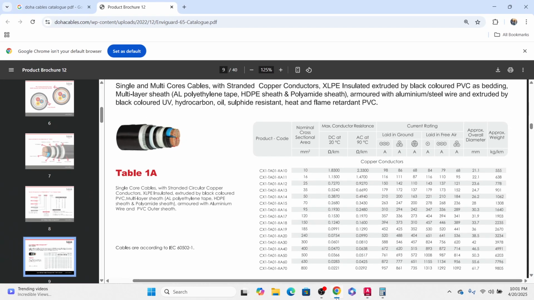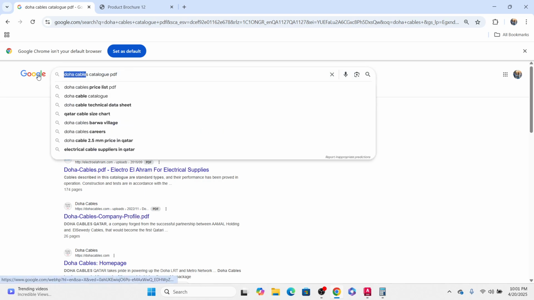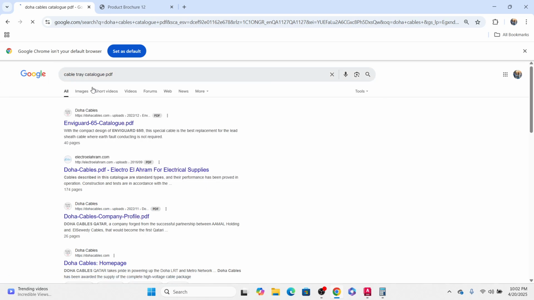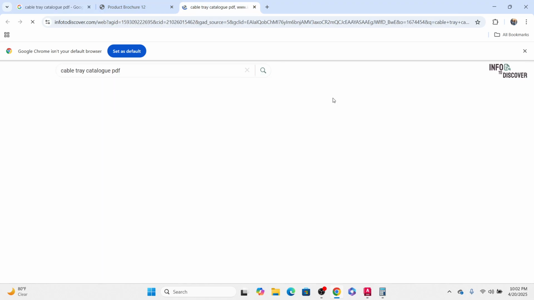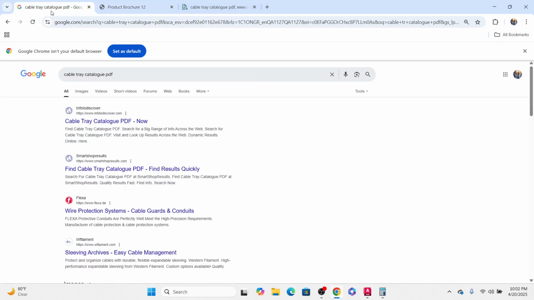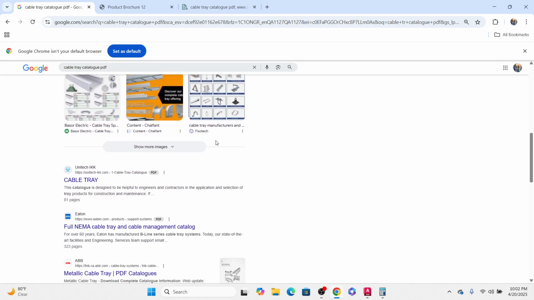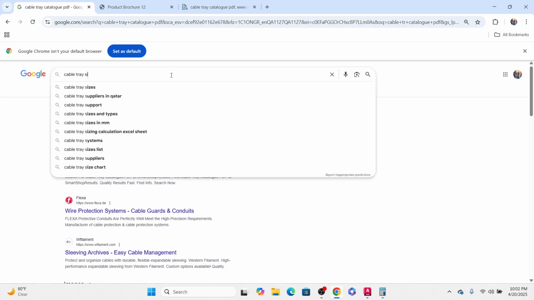How will we know the sizes of the cable tray? You go to the cable tray catalog. Let's open this one, I need the PDF. Let's look at the cable tray sizes.